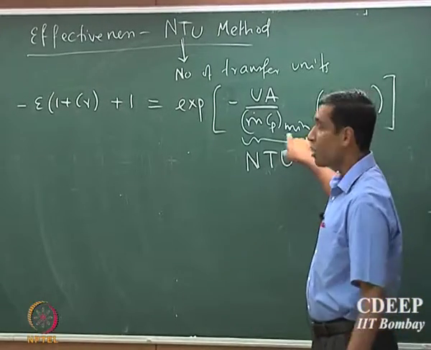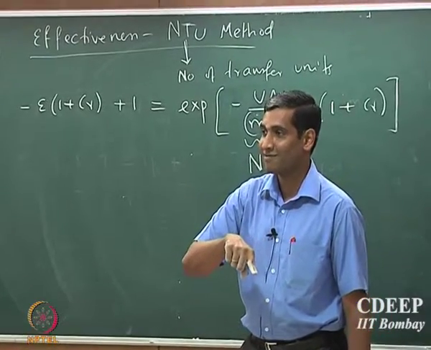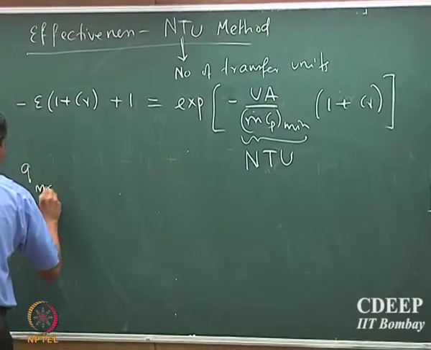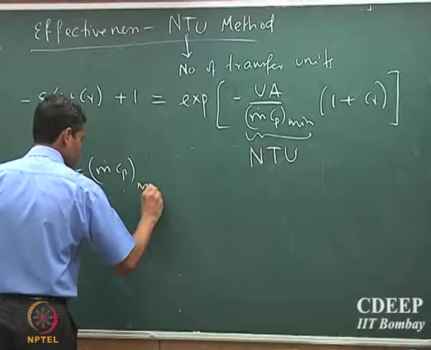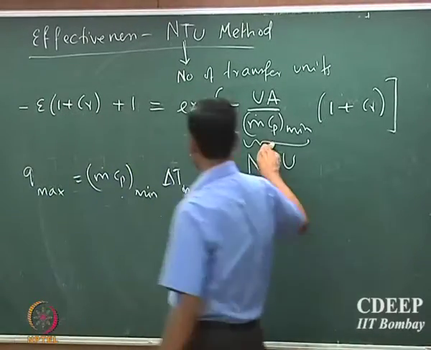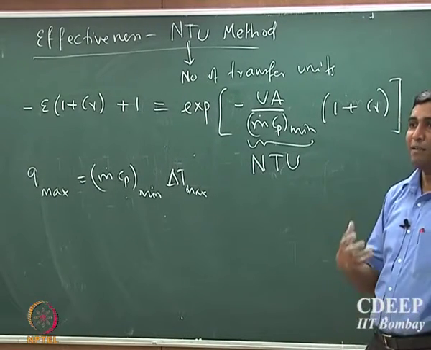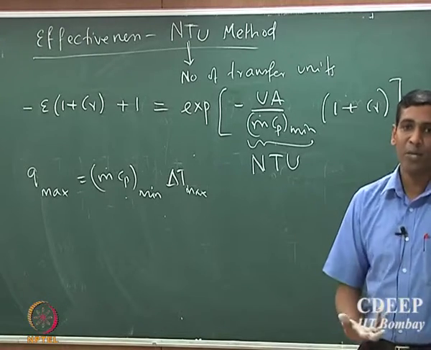Remember, m dot Cp min is what is used for defining Qmax. Remember that Qmax is defined as m dot Cp min multiplied by delta Tmax. So this is the resistance that is offered by the fluid which has the theoretical capability to take maximum sensible heat.